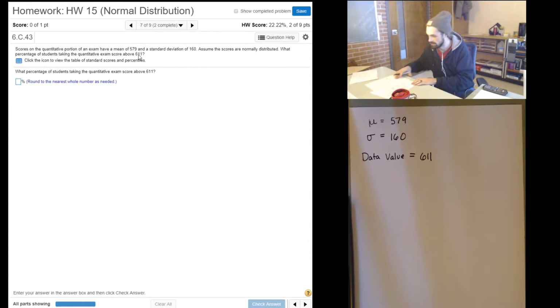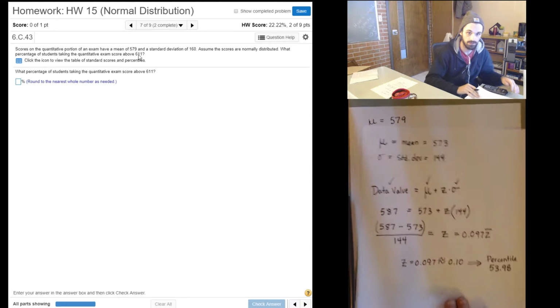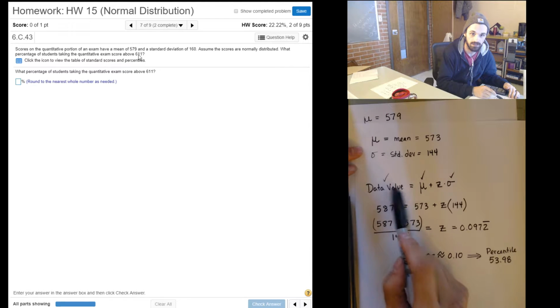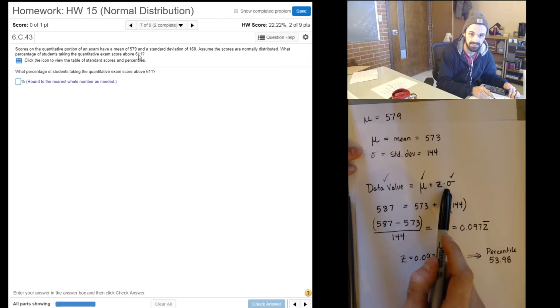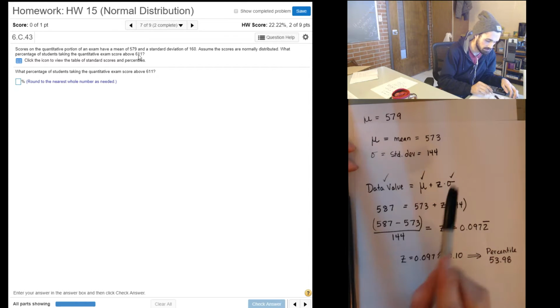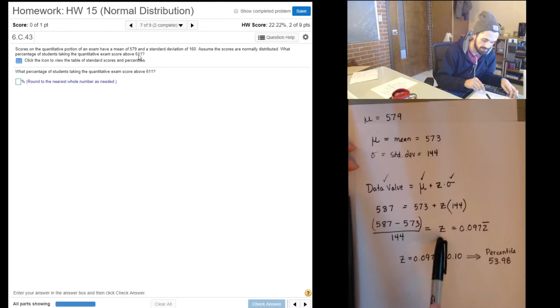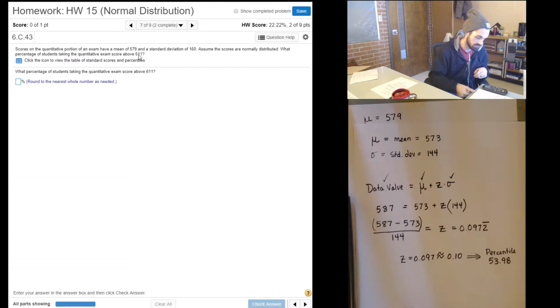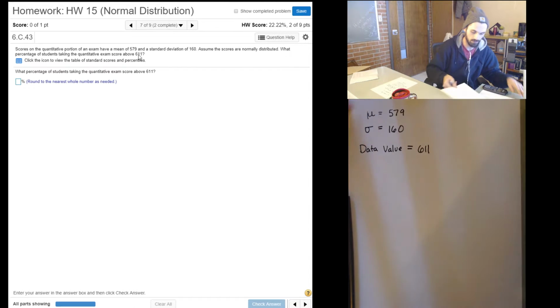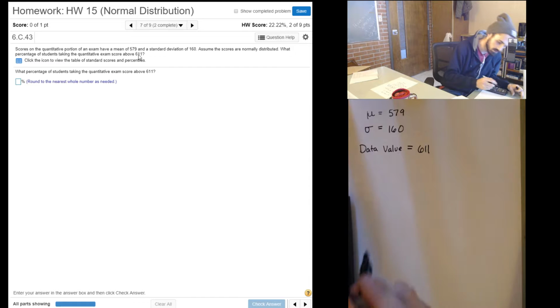So we need to use the same equation that we were using last time, where the data value is the average plus z times sigma. And in fact, so you'll notice we shoved in the data value, the average, sigma, and then isolated z. We do that so many times that it might be convenient to write the formula out as follows.